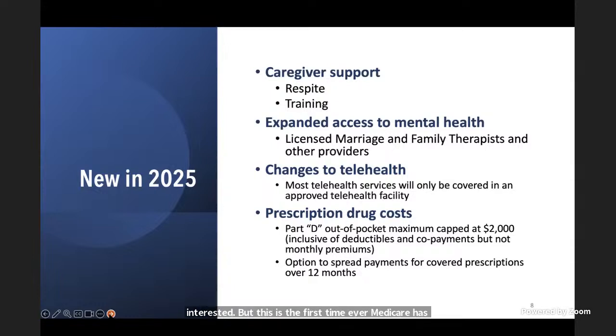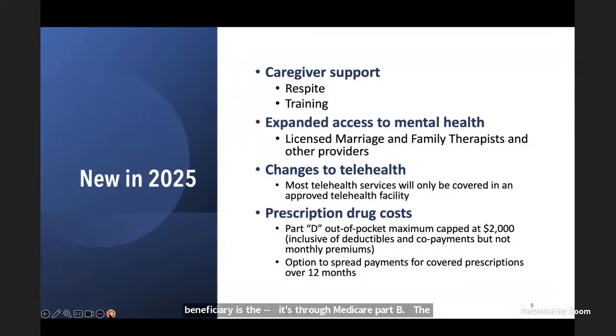The other is caregiver training. And so again, it's through Medicare Part B, and the Medicare beneficiary has to designate their caregiver, but Medicare will provide training based on the medical needs of the beneficiary.